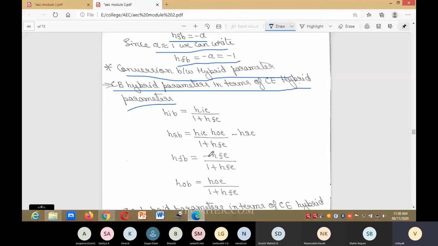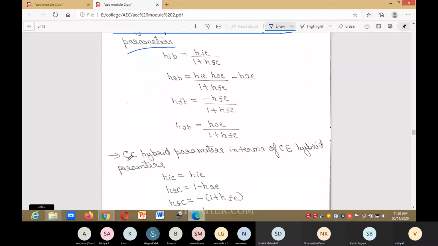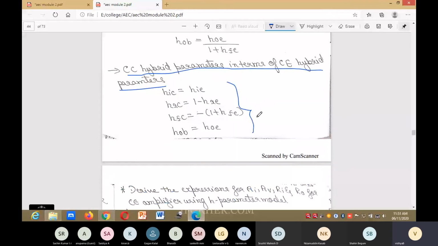HFB is equal to minus HFE divided by 1 plus HFE. HOB is equal to HOE divided by 1 plus HFE. CC hybrid parameters in terms of CE parameters. You need to know the formulas of these. When you compare the common emitter and common collector, you need to know the formulas.